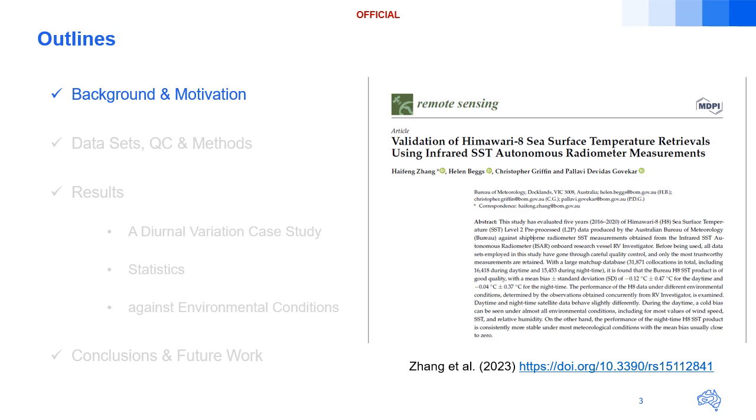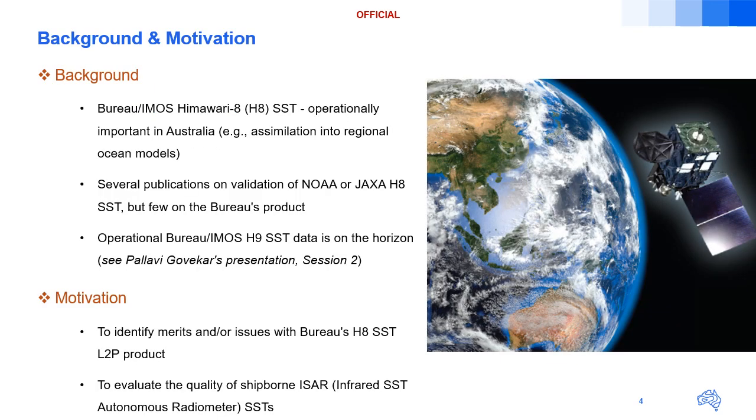Now, background and motivation. The Bureau is one of the several agencies in the world that are currently operationally producing Himawari-8 SST products, in addition to NOAA or JAXA. This product is very important in Australia in terms of, for example, data assimilation into the regional ocean models that we use at the Bureau.